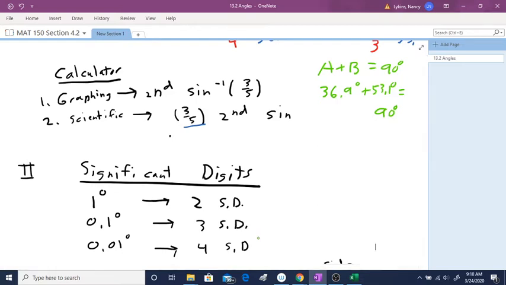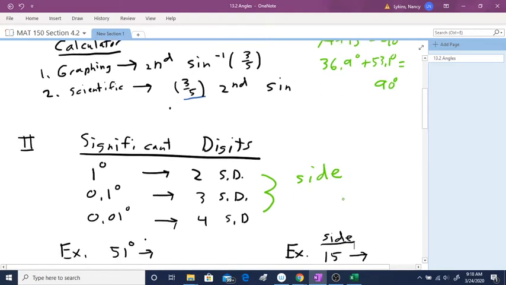If it's in a degree, whether it's like 63 degrees or 141 degrees, as long as there's not a decimal, you always round the sides, these right here, to 2 significant digits. If it's got 1 decimal, you would do 3 significant digits for the sides. And if you do have 2 decimals, that means that the sides should have 4 significant digits.